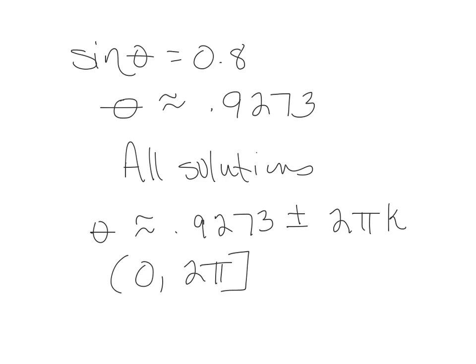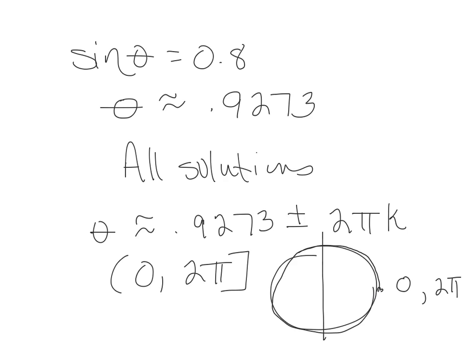Now, if it just said to find it in the interval from 0 to 2 pi, what that's saying is, don't include 0, but do include 2 pi. So it's saying around the circle, everywhere that my sine is 0.8, which is positive, we will have an answer.